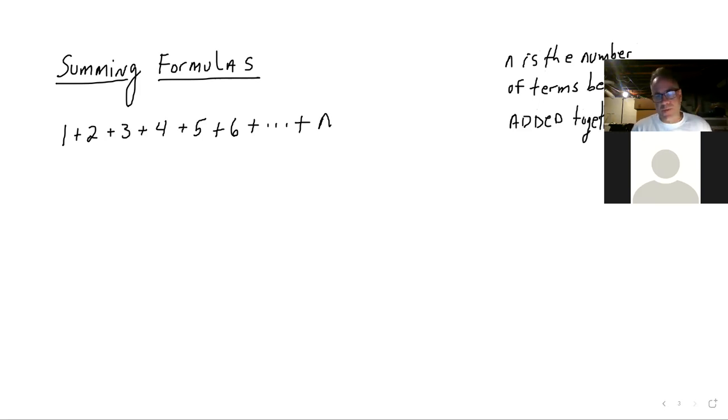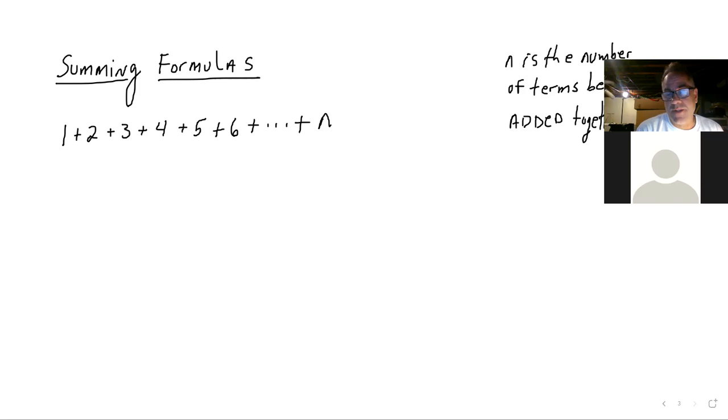Referred to as the ordinal number. You don't have to really remember that term ordinal number, but that is what it's called. But again, it's simply how many terms have I added up in this particular sum? And there are oodles and oodles of summing formulas. We're just looking again at a few just to get an idea of them.